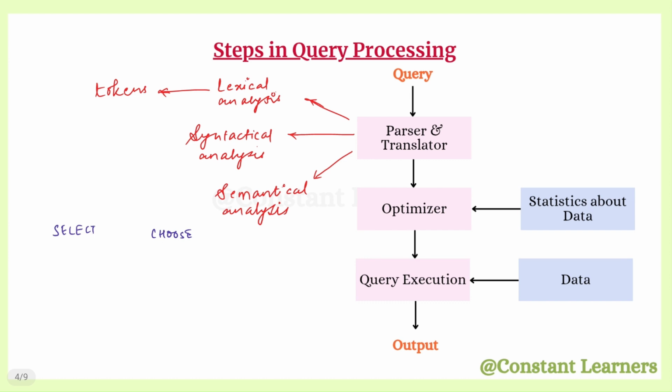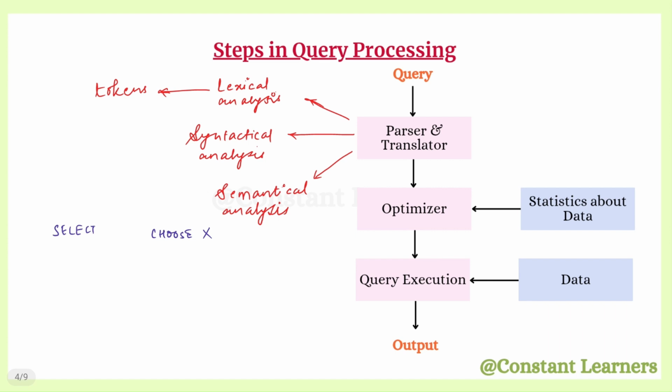Is it going to be correct? No. So we are using a wrong keyword, invalid syntax. Like the query is written as select names from students. Rather than that, if I say select from students names, it's going to be wrong, right? That is entirely wrong syntax.